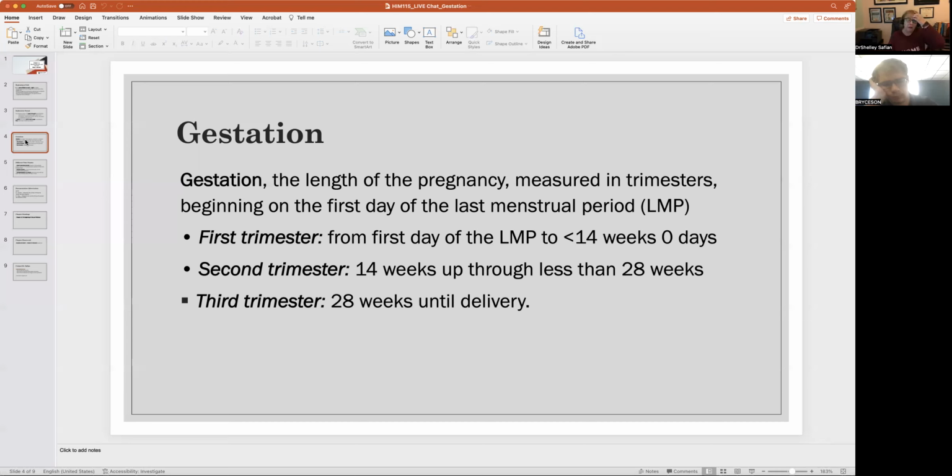And then 28 weeks begins the third trimester until the fetus is delivered and becomes a baby. Okay. Now, your ICD-10-CM diagnosis codes require the documentation of in which trimester the woman is during this particular encounter. Very important.